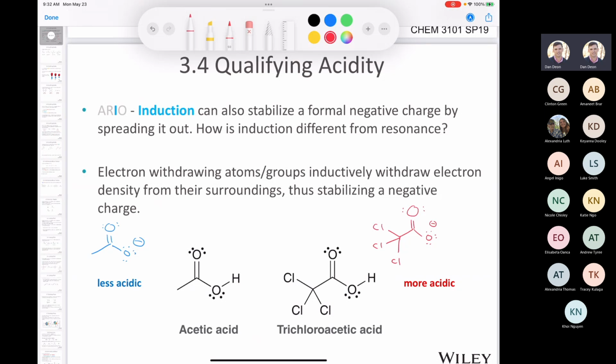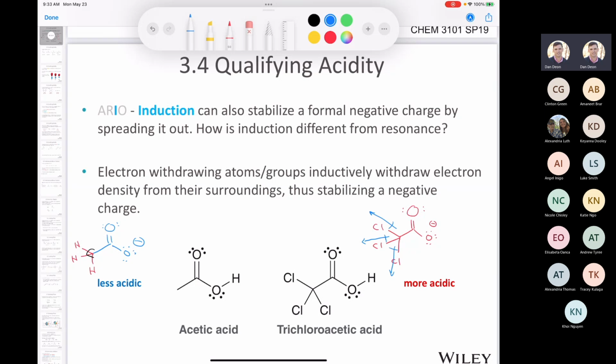Well, what's the difference between these two molecules? If you look at acetic acid, it just has 1, 2, 3 hydrogen atoms on this carbon that I have highlighted in black, whereas over here it's got 3 chlorines. What happens is that the electrons are withdrawn via induction from these chlorines, since chlorine is more electronegative than a hydrogen or a carbon.